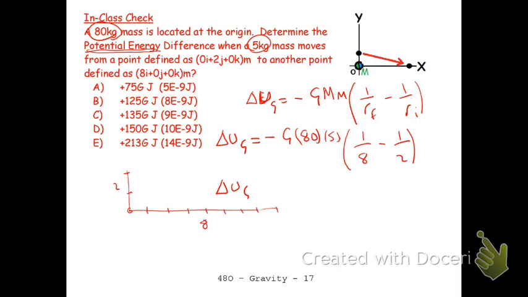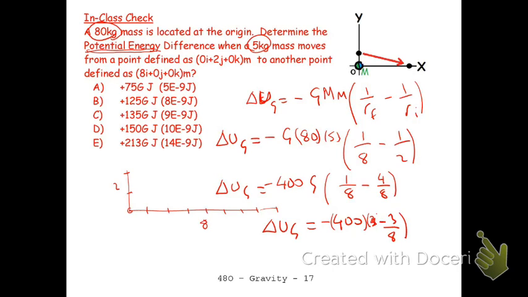So delta Ug is equal to 5 times 80, that's 400 G. And that's 1 over 8 minus 4 over 8. So delta Ug is equal to minus 400 G times minus 3 over 8.